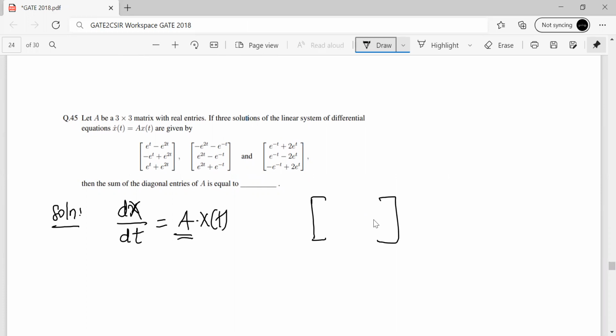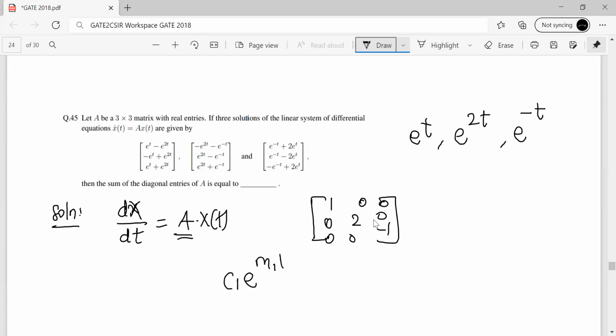If you look at the solution very closely, you see e power t, e power 2t, and e power minus t. It's a linear combination of these three things. So that means 1, 2, and minus 1 must be the real entries, because the solution is given by c1 e power m1 t plus c2 e power m2 t plus c3 e power m3 t.